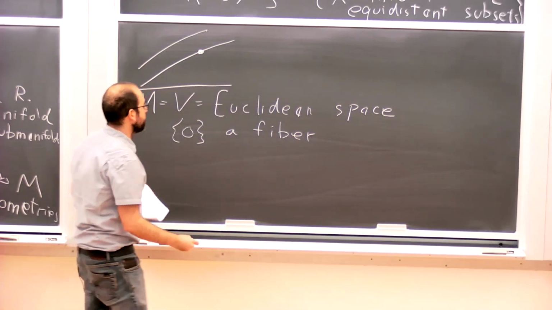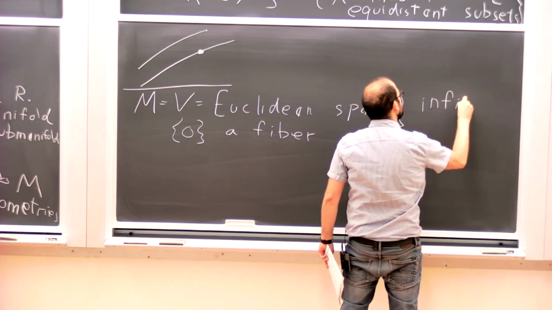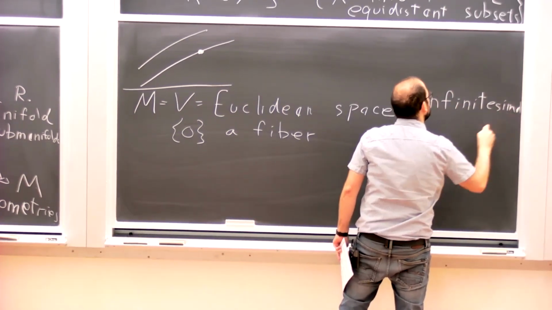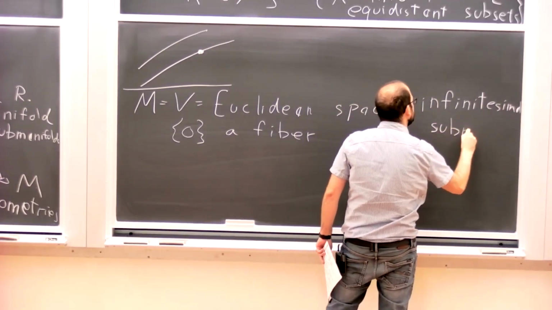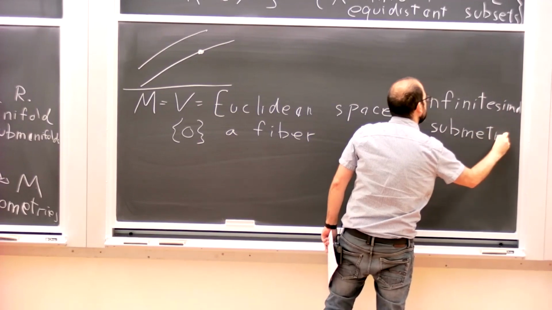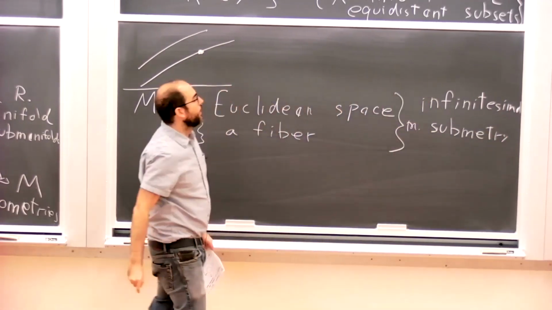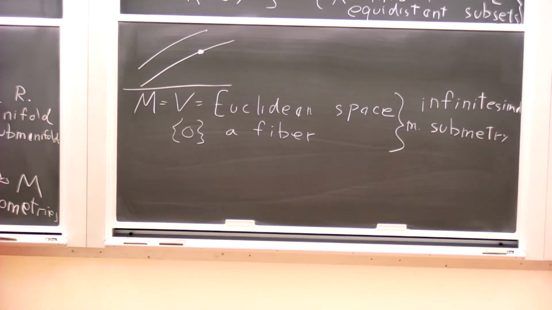This is sometimes called an infinitesimal submetry, or manifold submetry. Let's talk about manifold submetries only, because it appears as the infinitesimal picture when you have a general manifold submetry.